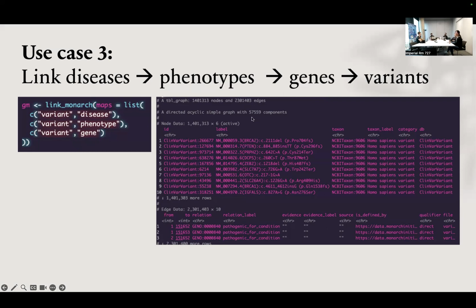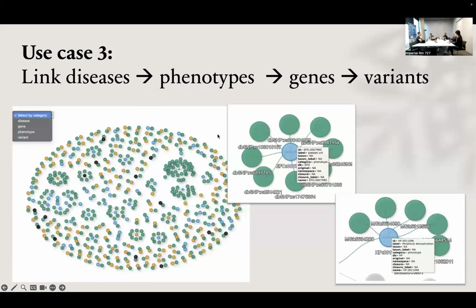But the idea is, we want to focus on all these things, and maybe we want to pull out a subset of diseases and all of their connections with phenotypes, genes, variants. And as an example here, I pulled out this subgraph. I just kind of randomly sampled the millions of results that came back.